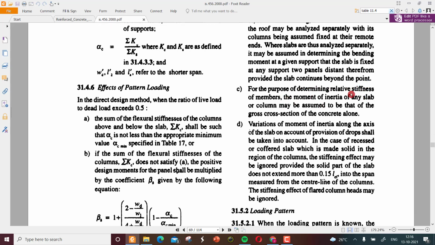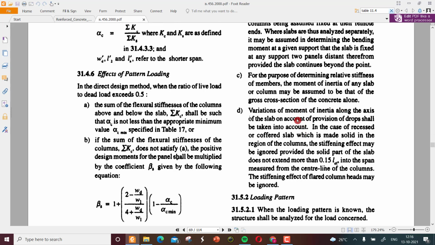For the purpose of determining the relative stiffness of members, the moment of inertia of any slab or column may be assumed to be that of the gross cross-section of the concrete alone. Variations of moment of inertia along the axis of the slab on account of provision of drops shall be taken into account.